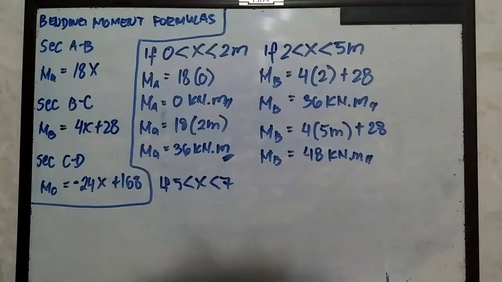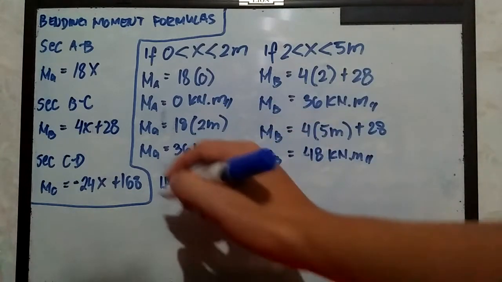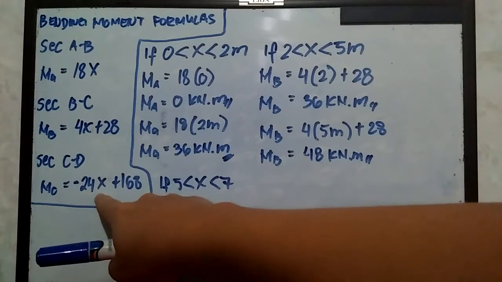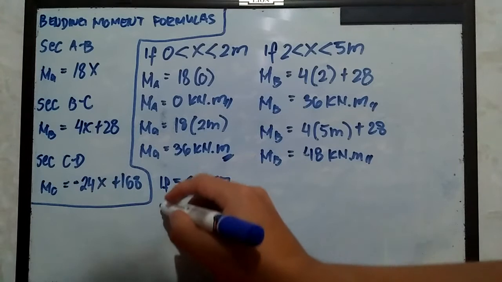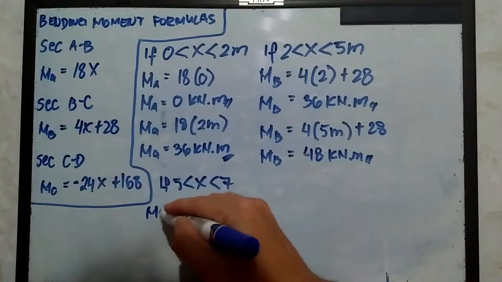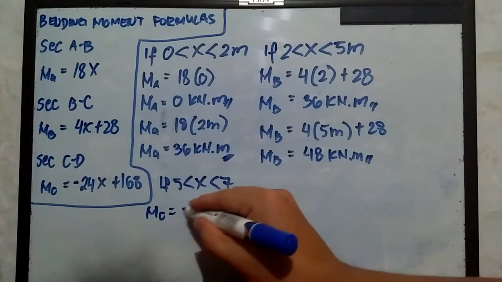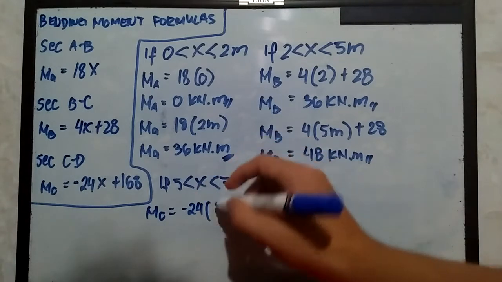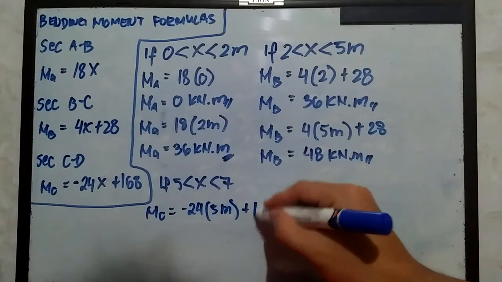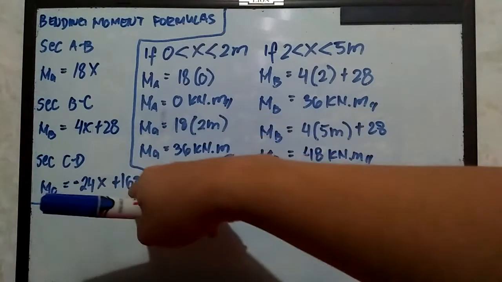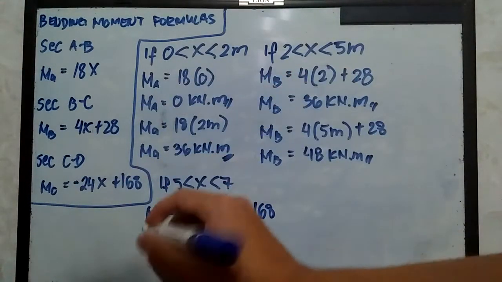Simplifying everything, this is the bending moment formula for section C-D. So M sub C is equal to negative 24 multiplied by 5 meters plus 168, that is in kilonewton meter. Okay, don't forget about that.